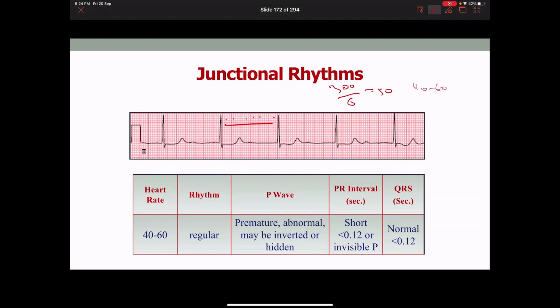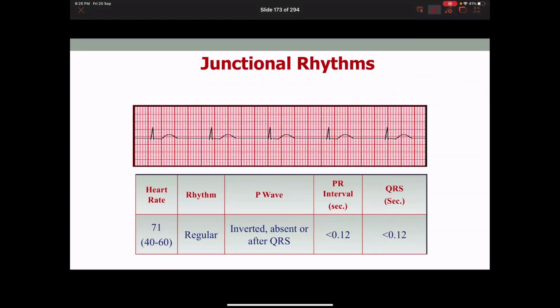And most importantly, there is no P wave, okay? Which makes sense because it's not being produced by the SA node and causing atrial contractions. No, it's being produced by the AV node. So if this looks like a normal rhythm at 40 to 60 beats per minute with no P wave, think junctional rhythm. Okay, which means it's the rhythm produced when the AV node takes over.